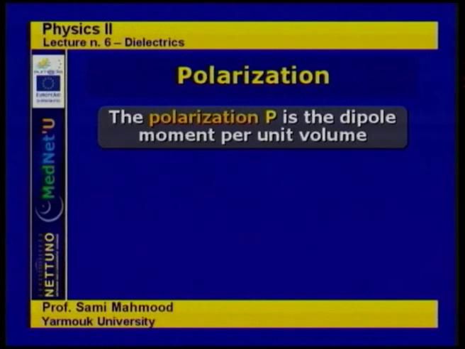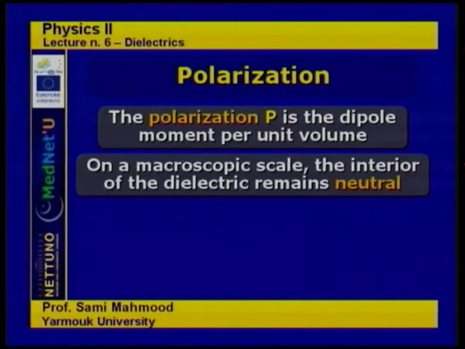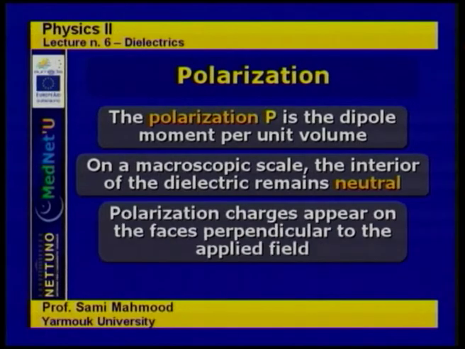And now the polarization, capital P, is the dipole moment per unit volume of the material. So on a macroscopic scale, the interior of the dielectric remains neutral, because we always have an equal number of positive and negative charges. That means the charges reside on the surfaces.